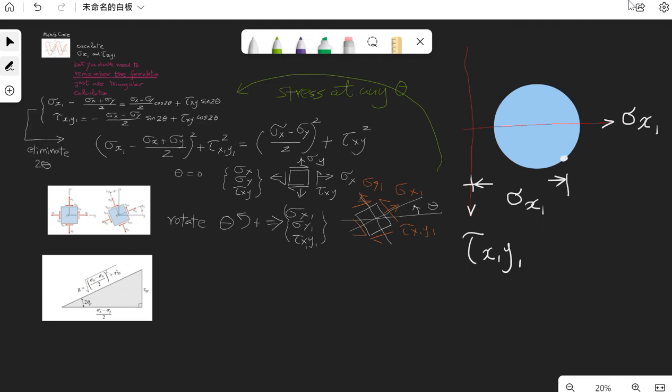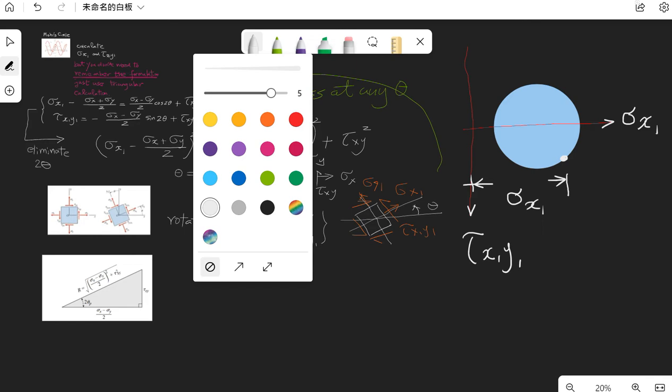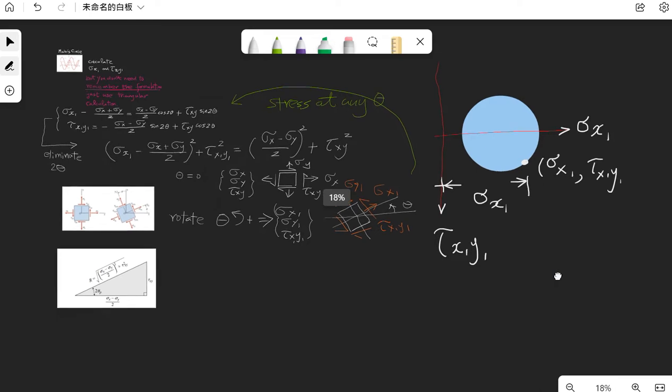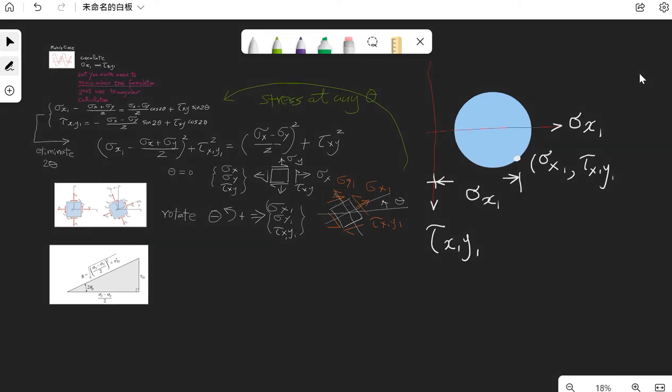And similarly, the coordinate here we say is first one is sigma x1, and the second one is tau x1 y1. This is the point. That's the coordinate.